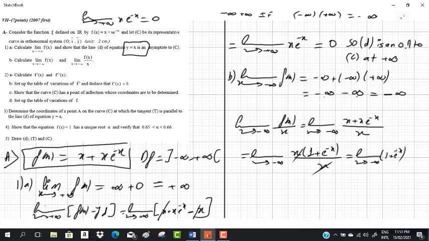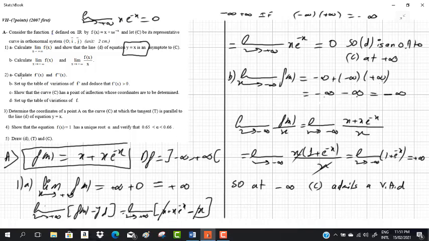Exponential of plus infinity is plus infinity, plus 1 equals plus infinity. So the limit of f of x over x is plus infinity. So at minus infinity, C admits a vertical asymptotic direction. It means the curve passes its way parallel to the y-axis.